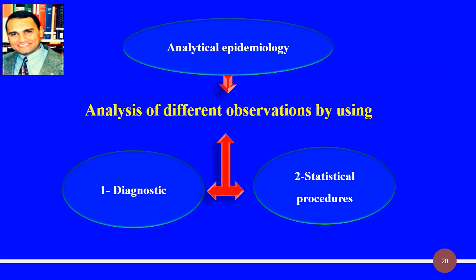Epidemiology by itself can never prove that a particular exposure caused a particular outcome. Often, however, epidemiology provides sufficient evidence to take appropriate control and prevention measures. Epidemiological studies use diagnostic procedures and statistical procedures, and combine them for analysis of the occurrence of any disease.